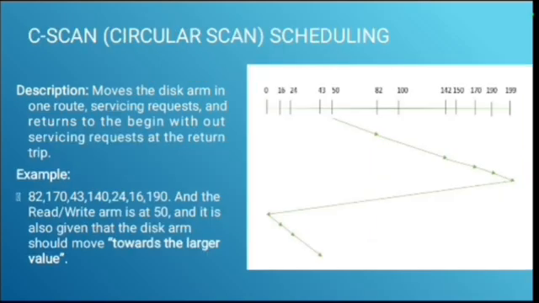Next, we move on to the circular scan scheduling. In the SCAN algorithm, the disk arm again scans the path that has been scanned after reversing its direction. So it may be possible that too many requests are waiting at the other end, or there may be zero or few requests pending at the scanned area.